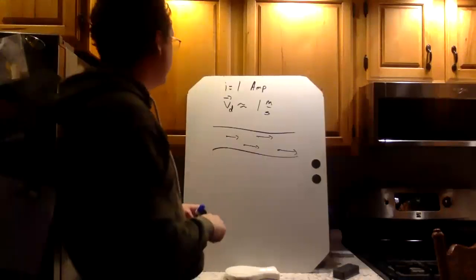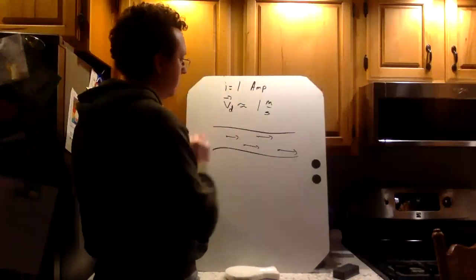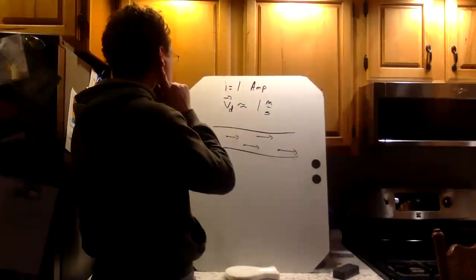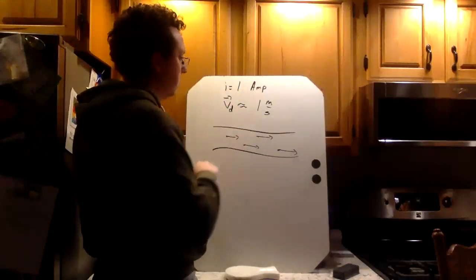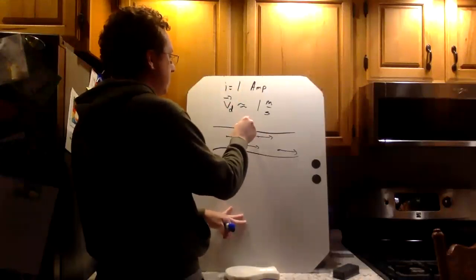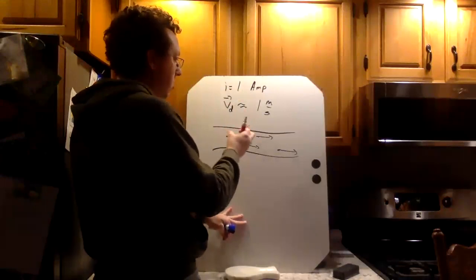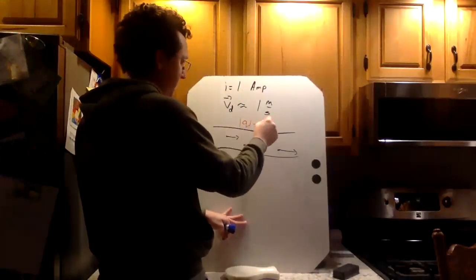I tell you what, we'll solve for it. So we've got this material. We know the current is 1 amp. We'll assume the drift velocity is about 1 meter per second. Let's assume that Q, the size of the charge that each charge carrier carries, is E.